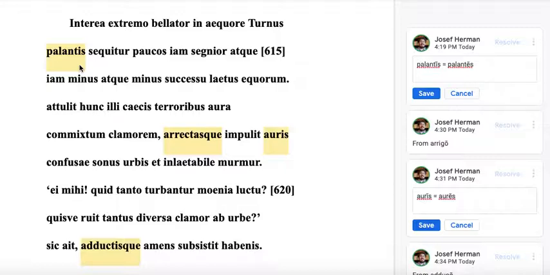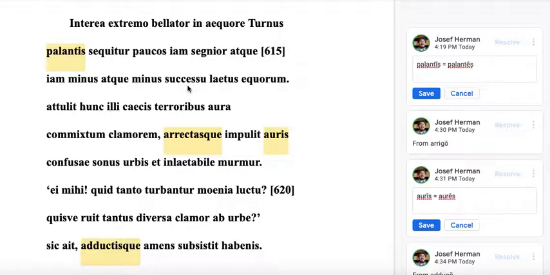So they're stragglers. Okay, and Turnus is iam segnior. He is now slower. Okay, segnis means slow, and this is the comparative version, slower. And that's atque, which means and or also. He is now, iam, minus atque minus, less and less happy, that's laetus, in the successu.